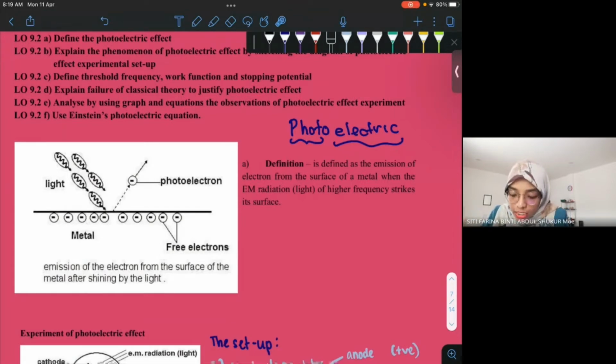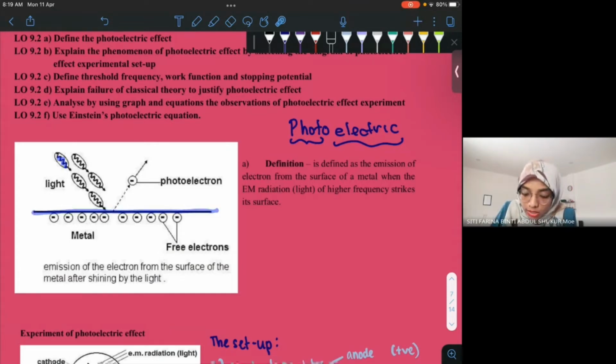Okay, kita nak cuba emit this electron, keluarkan elektron ini daripada permukaan metal surface, iaitu emission of electron. Okay, macam mana kita nak emit this electron adalah you have to make sure you radiate, okay, awak suluh, awak strike cahaya pada permukaan ini.